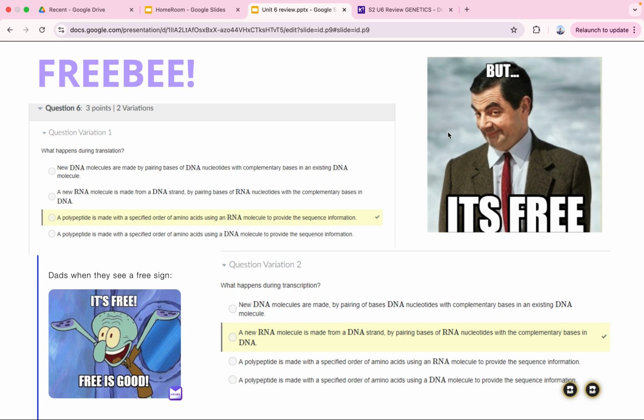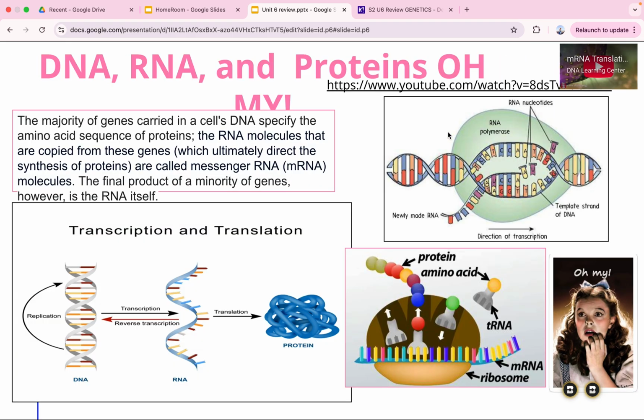I could be wrong. But what happens during translation? A polypeptide is made with a specific order of amino acids using an mRNA molecule to provide the sequence information. That's what I said about how RNA is essentially our code for making proteins. What happens during transcription? So again, let me go back to that graphic really quick.